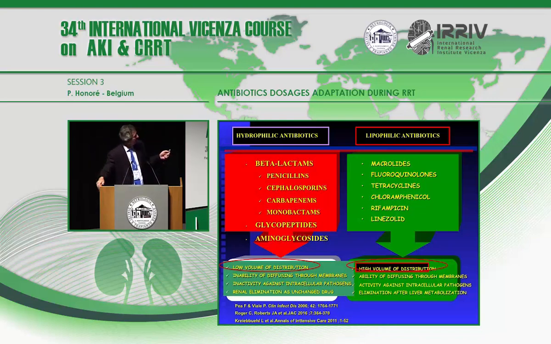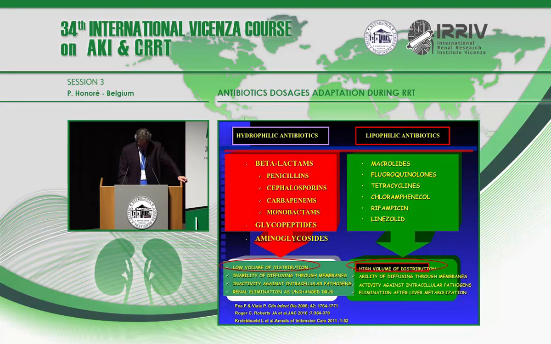Well, it's not such a big lipophilic antibiotic, and we know in some conditions, like CRT in burns, and CRT in special pneumonia where the diffusion is very important, and also in other conditions, we need to adapt linezolid. So this is not really a very clear law regarding lipophilicity, but anyway.